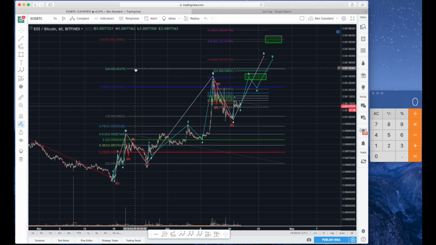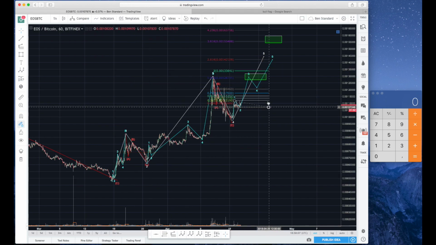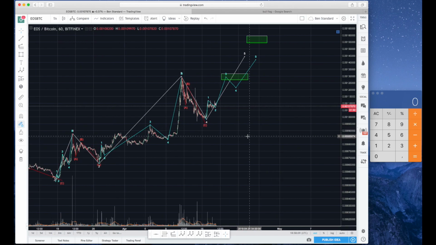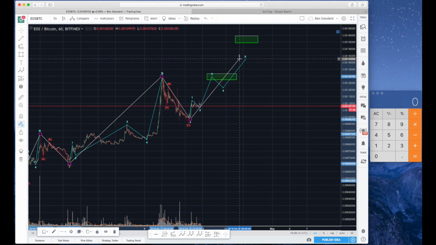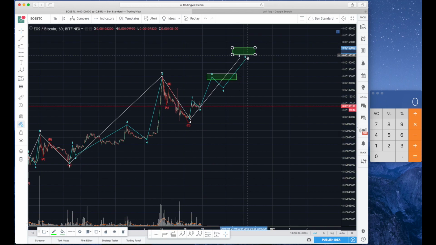So now that we know that we have a proper target, we need to look at some other signs that would support this trade.